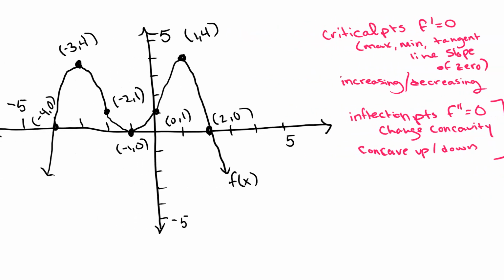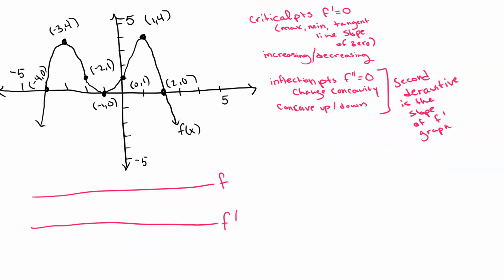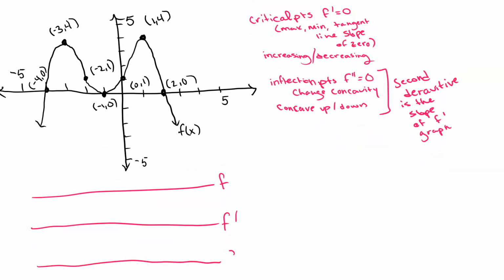Okay, so let's make our number line. So we've got three things we're going to be talking about. Our original function, our derivative, and our second derivative. So our original function has critical points at -3, -1, and 1.